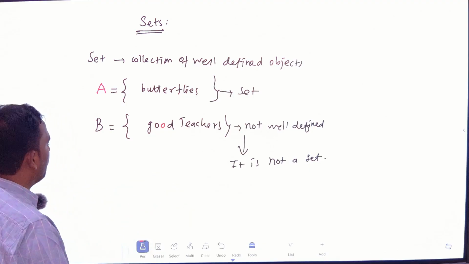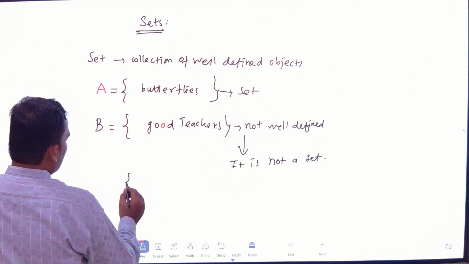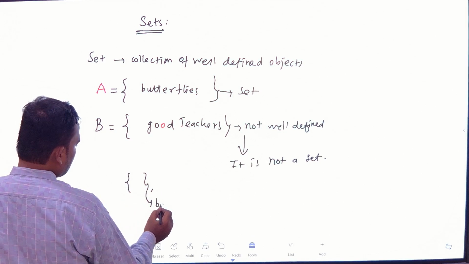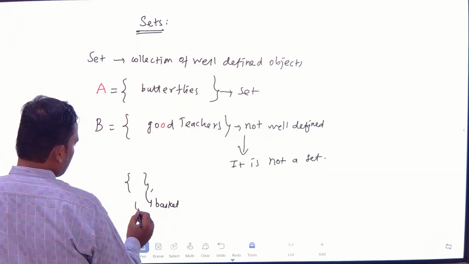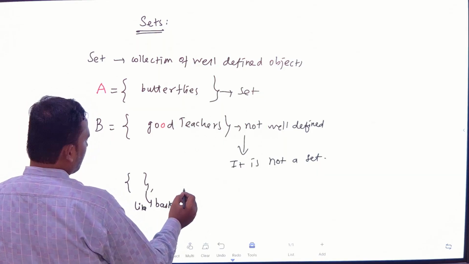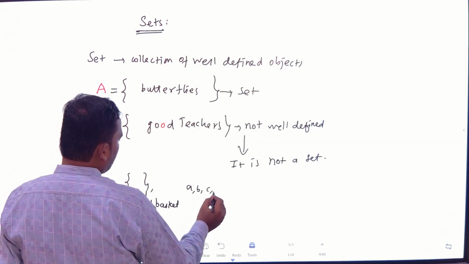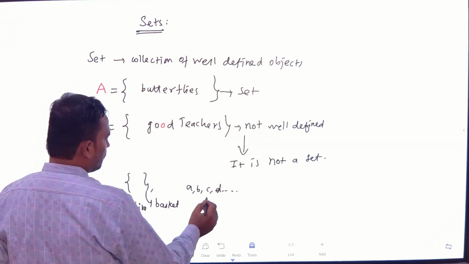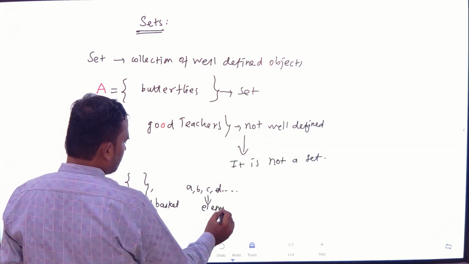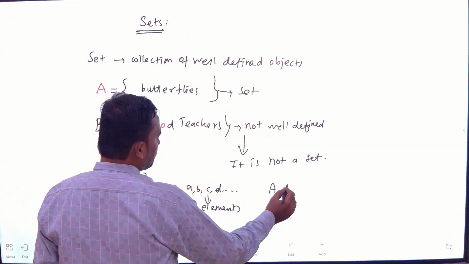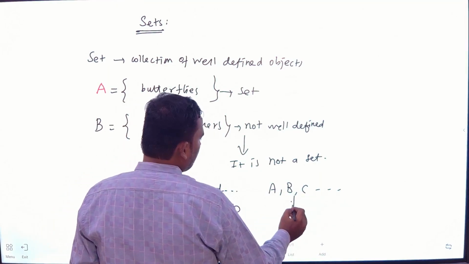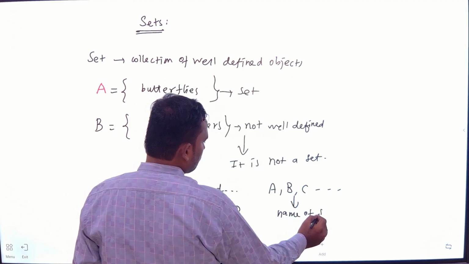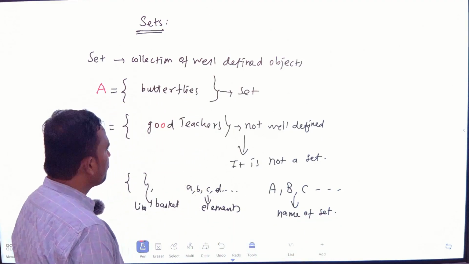So the curly braces are like a basket, and if you take a, b, c, d, these are the elements. And the capital letter A is the name of the set.